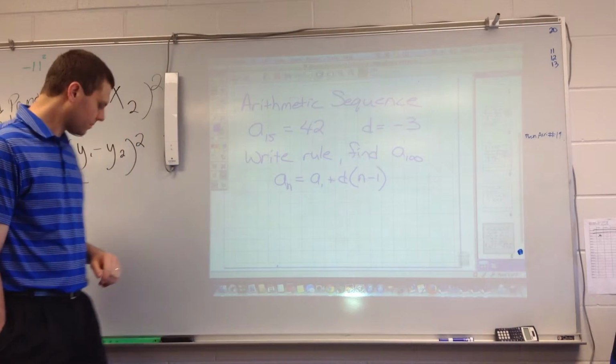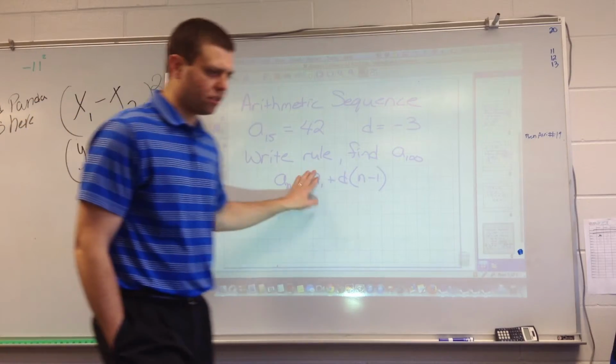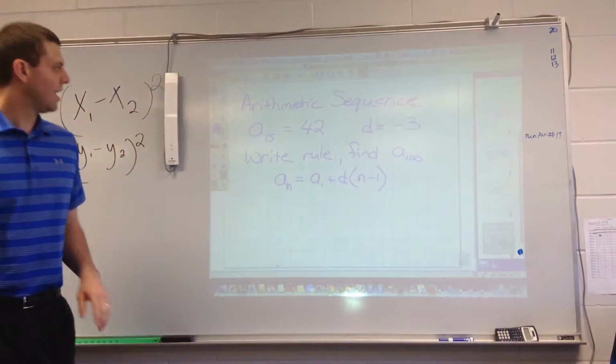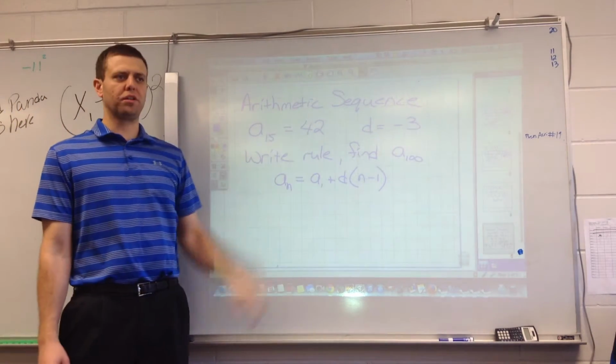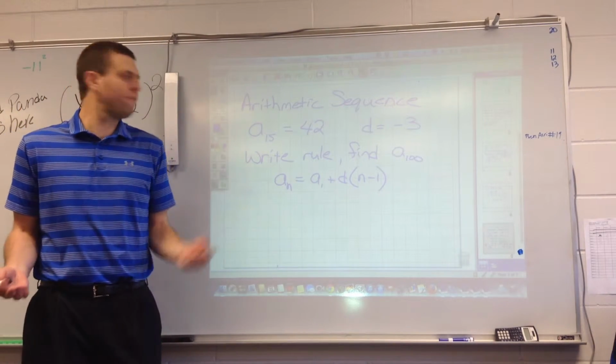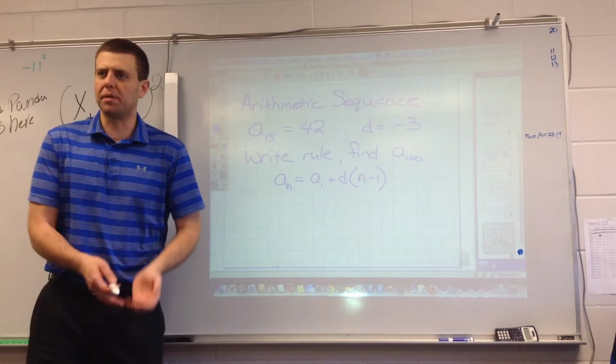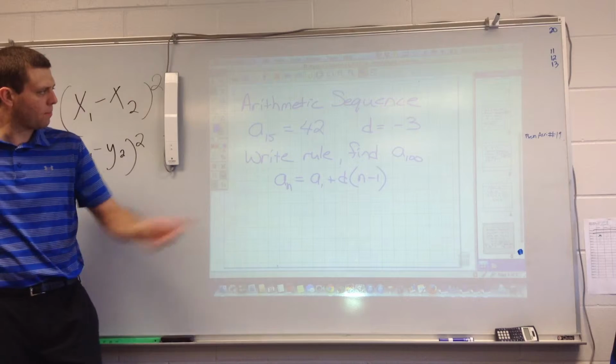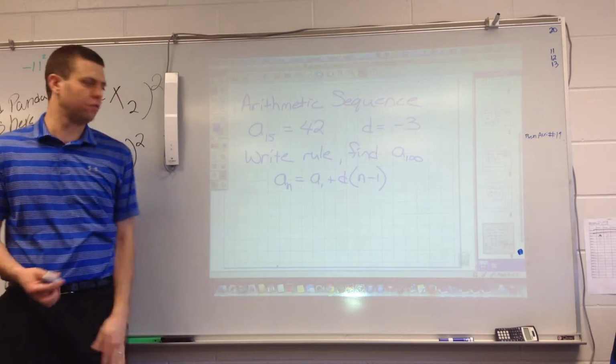Alright? So I would just use this equation to help me find the first term. I know that my 15th term is 42, so that means if I plug in a 15 for n, I'm getting 42 for an answer, right? You guys follow me on that? If I plug in 15 for n, I'm getting 42 for an answer.